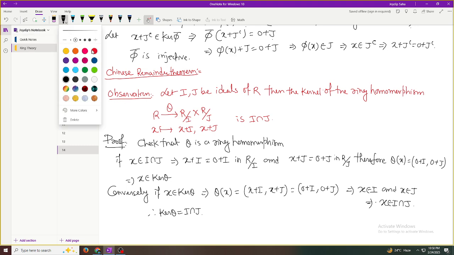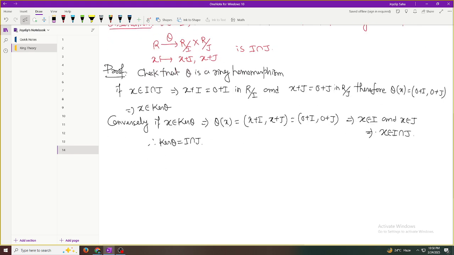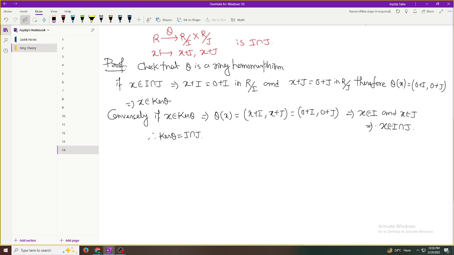Next observation: if 1 belongs to I plus J, then I intersection J equals IJ, and theta is surjective.